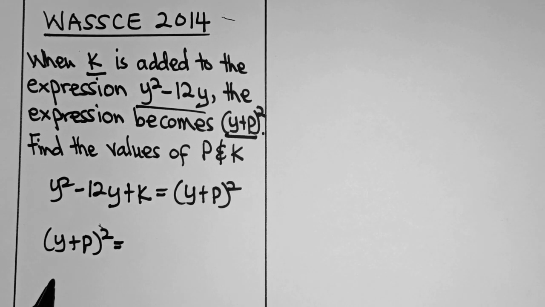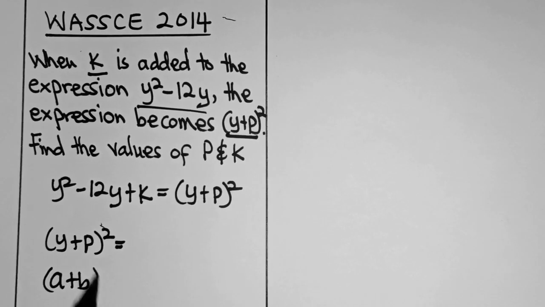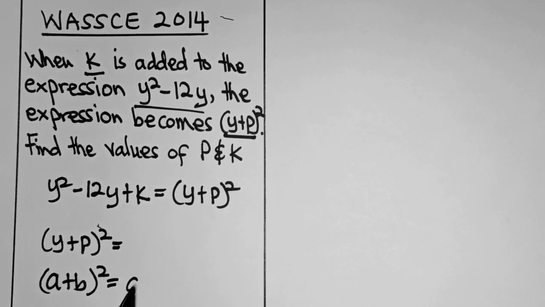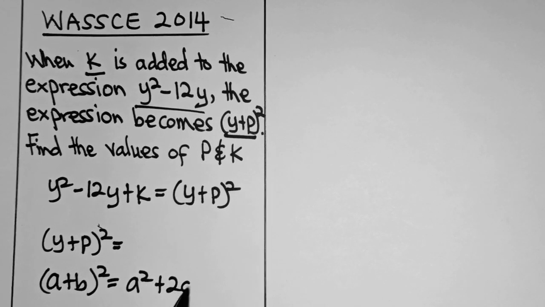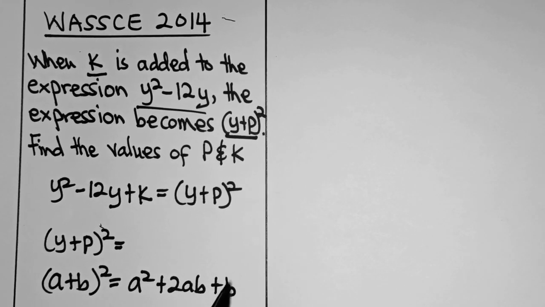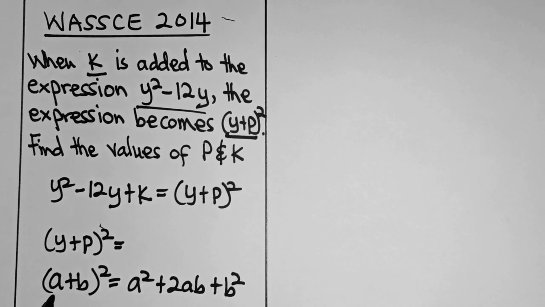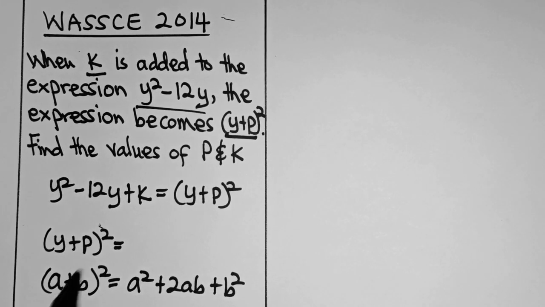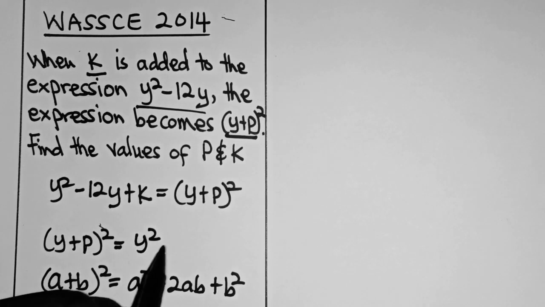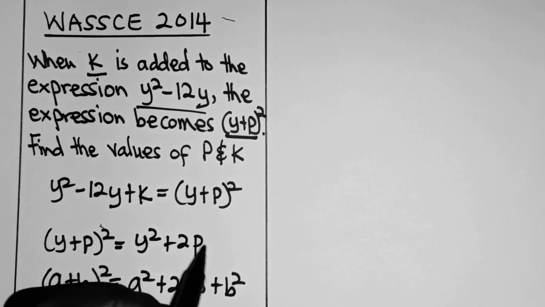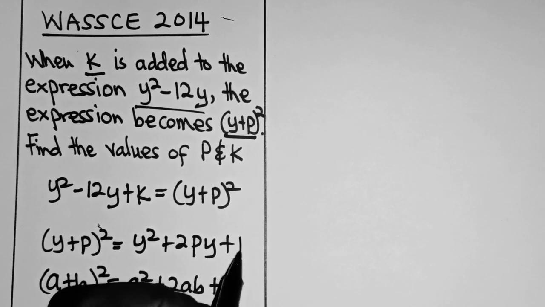This is in the form of the binomial expansion (a plus b) all squared, and this is equal to a squared plus 2ab plus b squared. So in (y plus p) squared, y is equal to a and p is equal to b. So this becomes y squared plus 2py plus p squared.